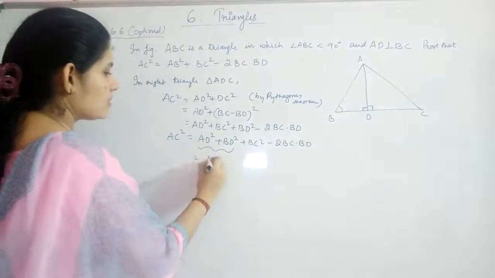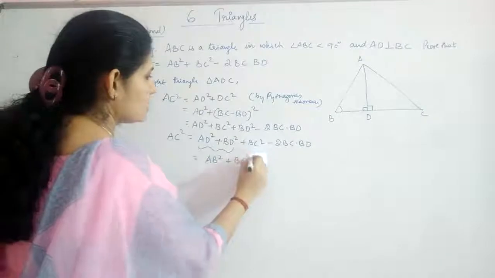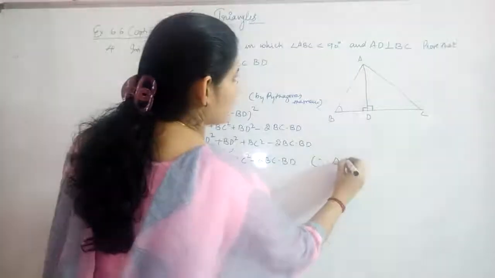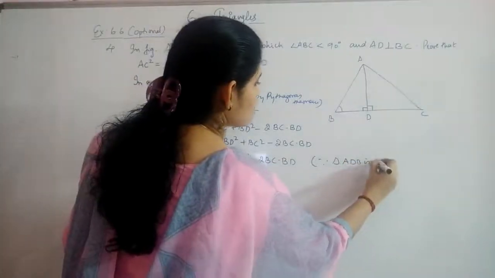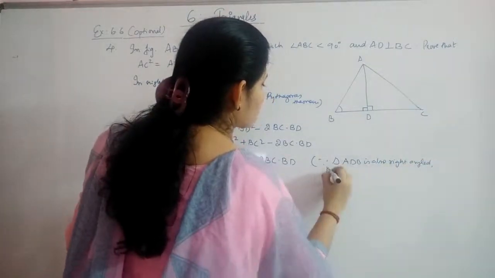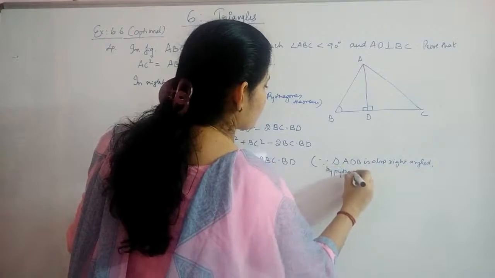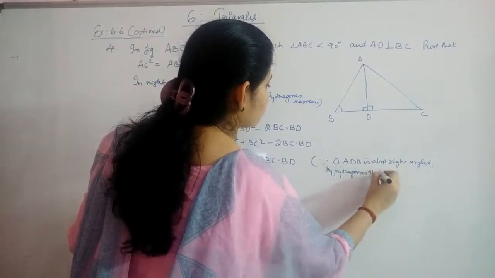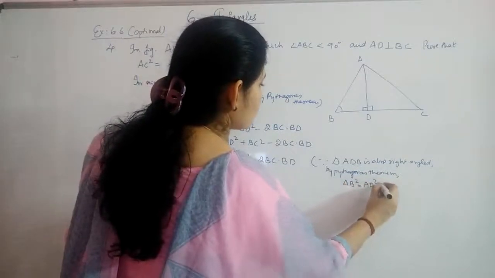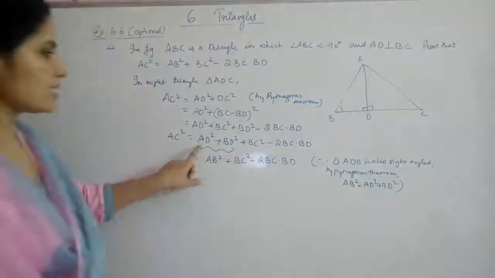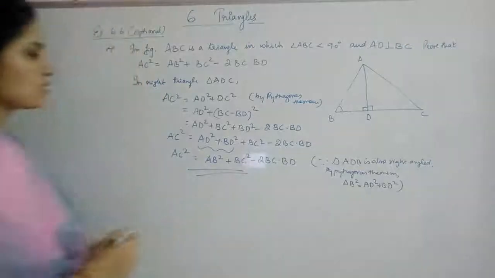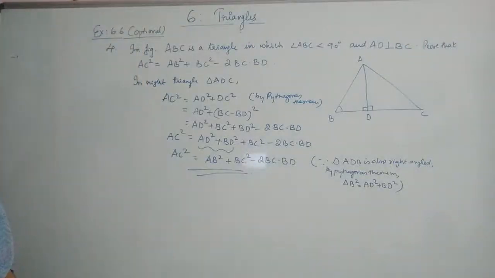So here I am writing AB square, and the reason for that is, since triangle ADB is also right angled, by Pythagoras theorem you will get AB square is equal to AD square plus BD square. So we have replaced AD square plus BD square with AB square. That's it. Your result is now AC square is equal to AB square plus BC square minus 2BC into BD.